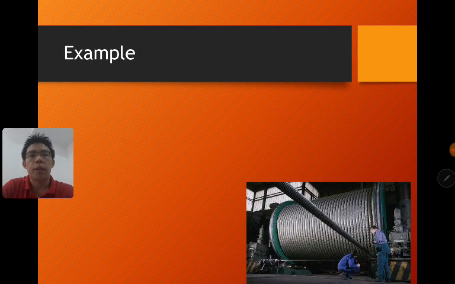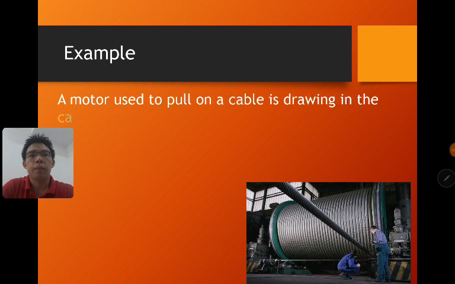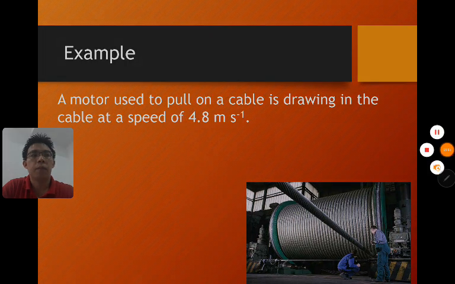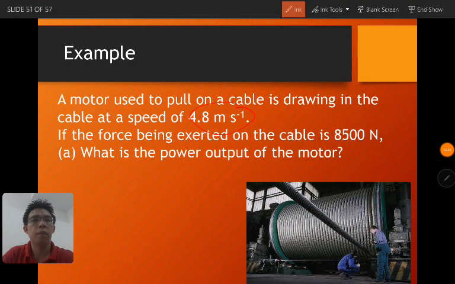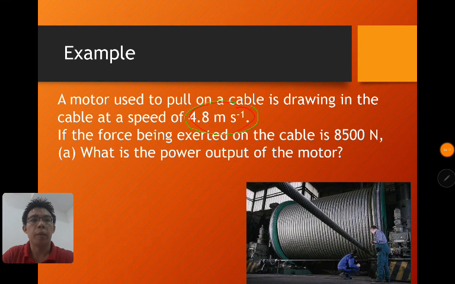Let's move on to an example here. It asks what is the power output of the motor. What the motor did is it pulls the cable at 4.8 meters per second, and it applies a force of 8,500 newtons.